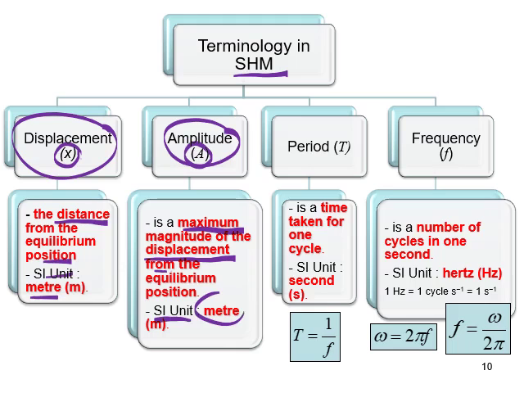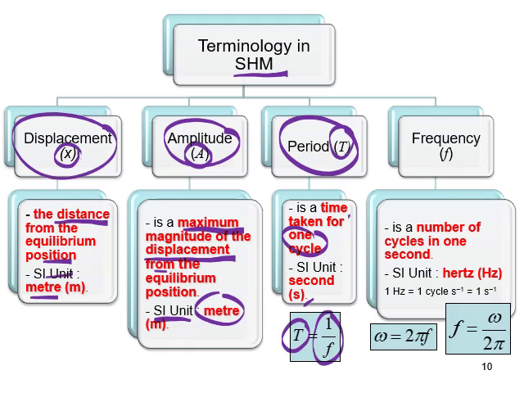SI unit meter. Number 3, period, symbol capital T, is defined as time taken for one cycle. SI unit is second. The formula for period is T equal to 1 over f.